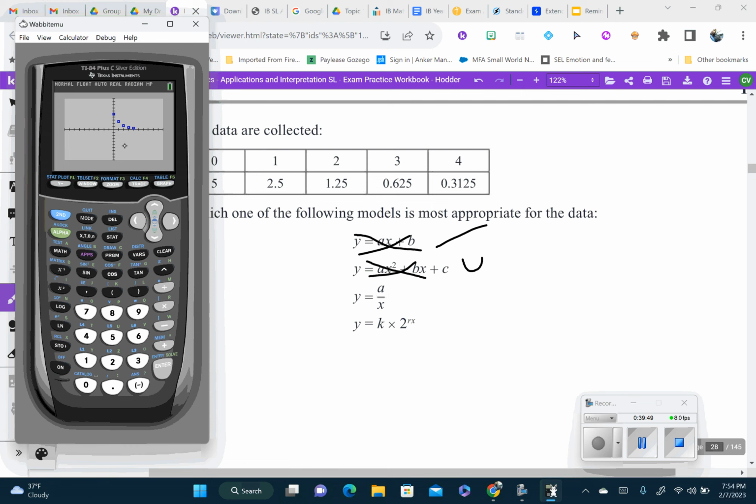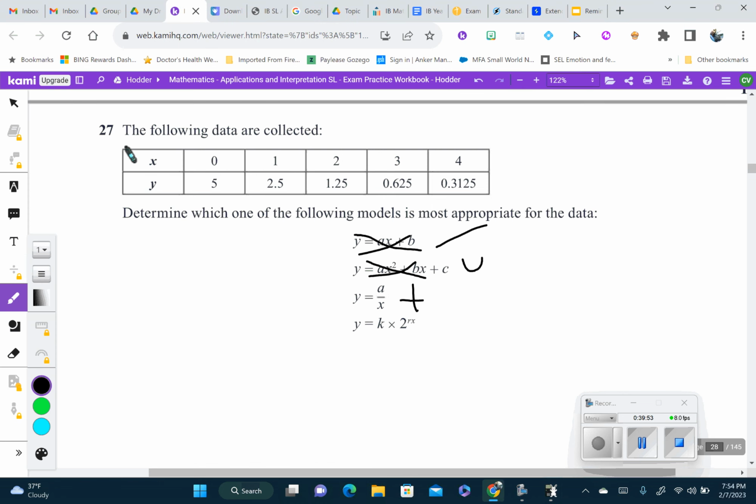So this cannot happen, because this has an asymptote here and here. The only one that's left is this right here, and this is the most appropriate, because there is no vertical asymptote, no VA, in the data.